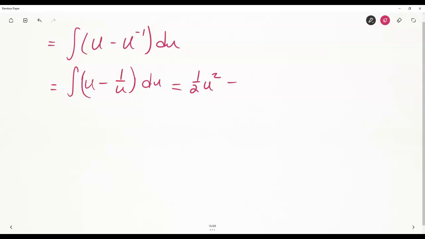But because this is an indefinite integral and we don't know what u is, we have to ensure that we're taking the natural log of a positive number. So this is natural log of the absolute value of u plus whatever constant you have. And now just substitute back in what u stood for.